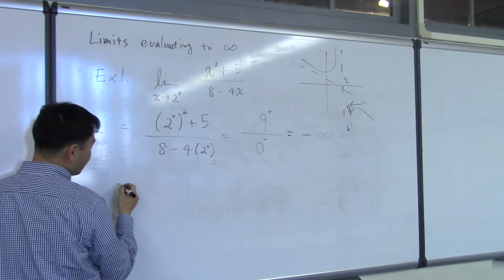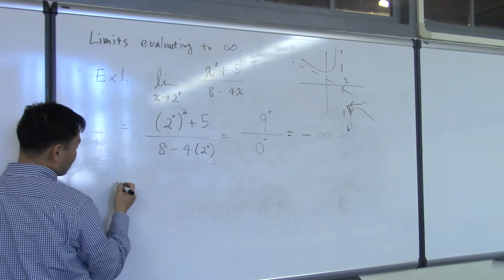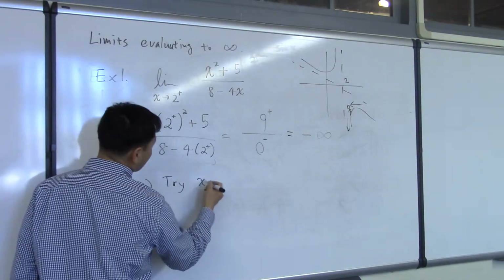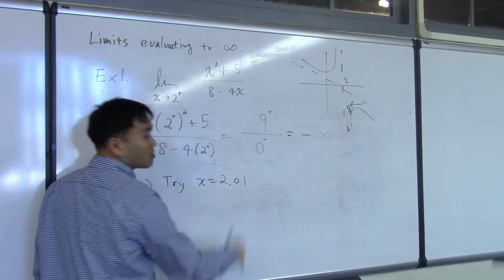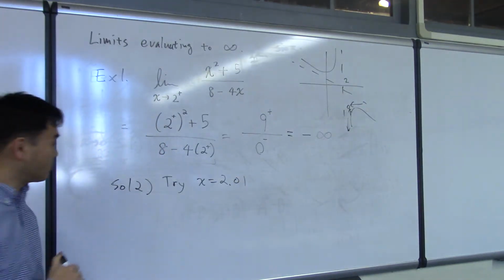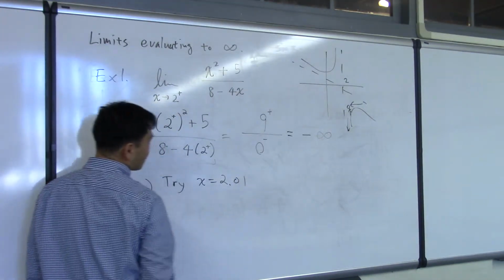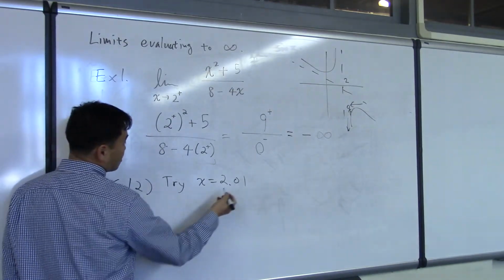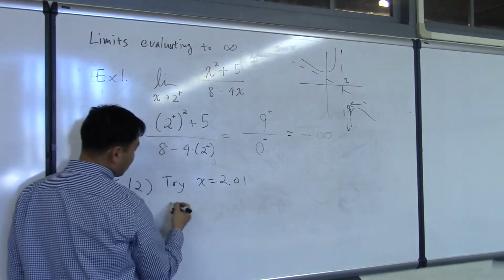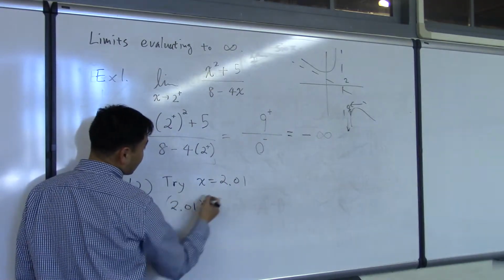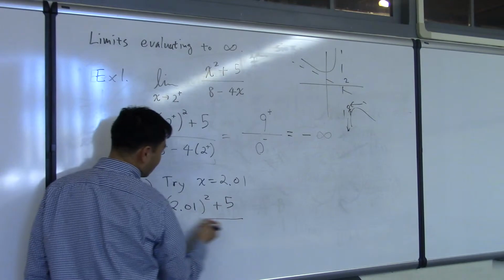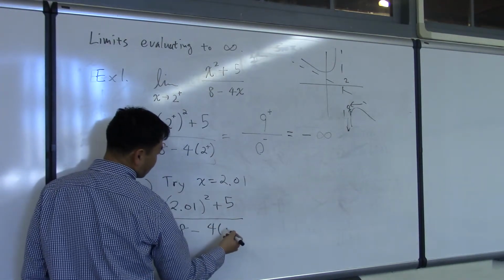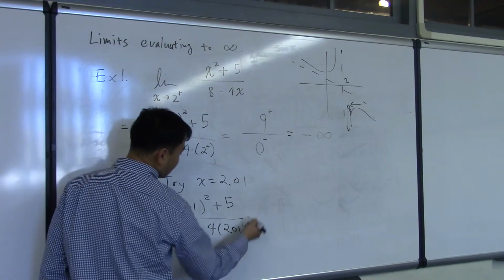It's not necessarily that hard. Say you try x equals 2.01. That's close to 2, slightly bigger than 2. We plug that in and get 2.01 squared plus 5, divided by 8 minus 4 times 2.01.